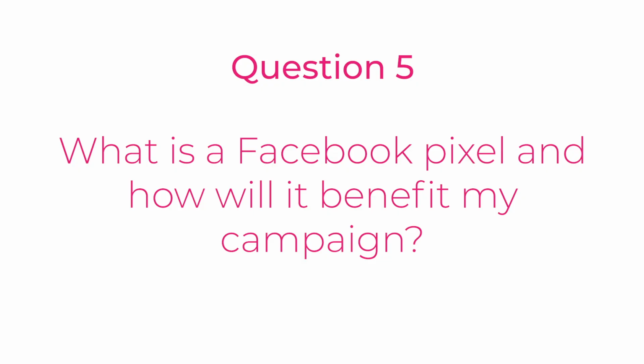What is a Facebook pixel, and how will it benefit my campaign? So a Facebook pixel is a piece of code that gets installed in your website, and it can track website events like when people fill out a lead form, or when people make a purchase or add something to their cart. And what it does is it talks back to Facebook.